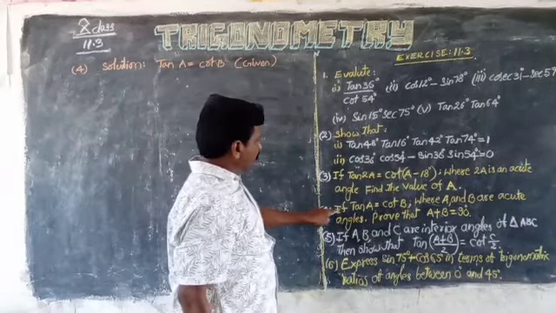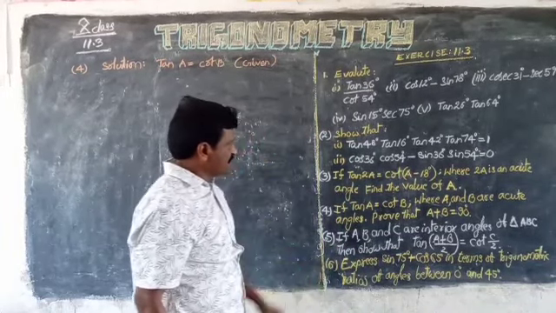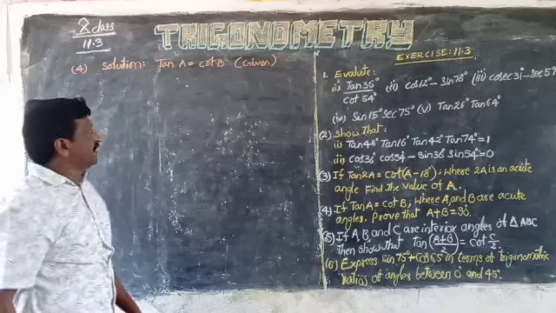Fourth sum: if tan A is equal to cot B, where A and B are acute angles, prove that A plus B is equal to 90 degrees.